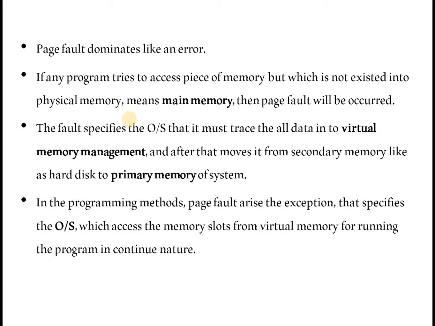A page fault tells the operating system that it must trace all the data in the virtual memory management, and after that move it from secondary memory like the hard disk to the primary memory of the system. Searching for a page which is not available in main memory is known as a page fault.